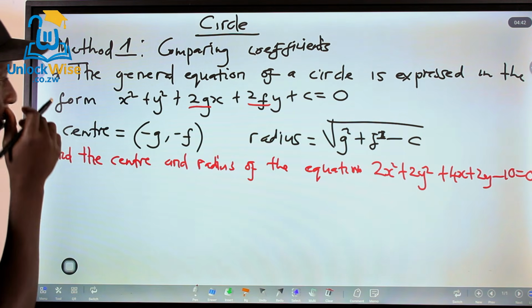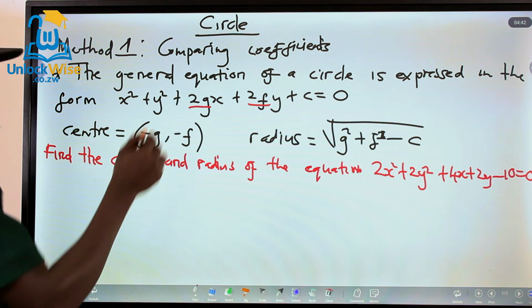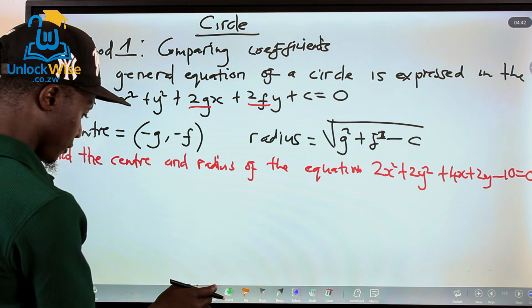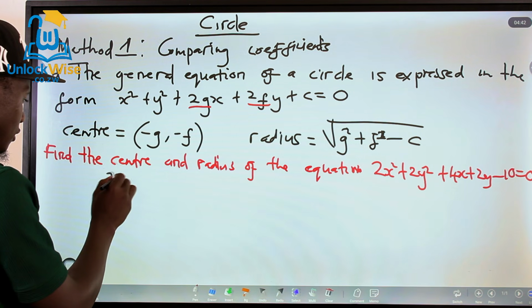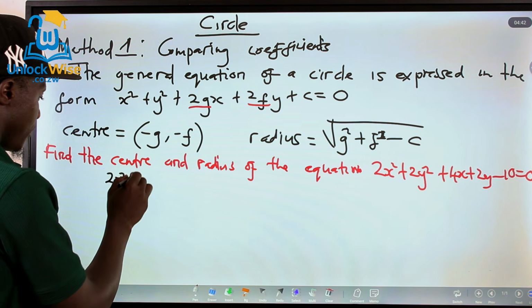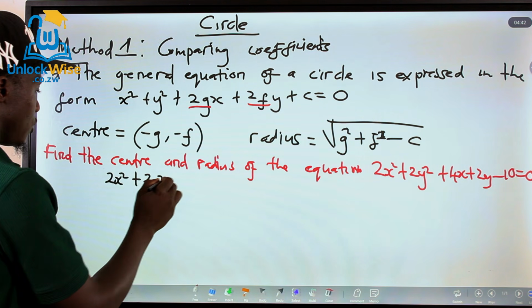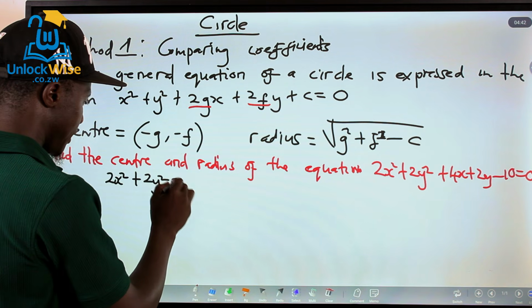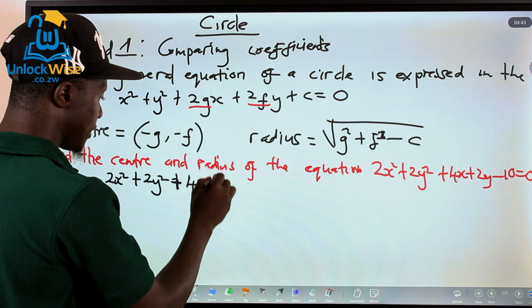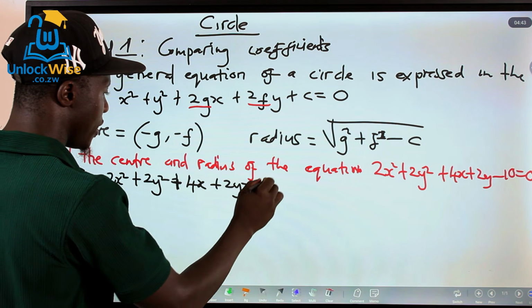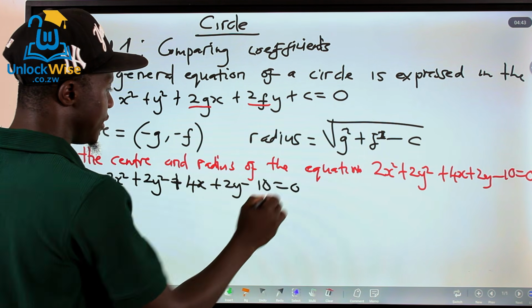So first of all, I'll rewrite the question again: 2x squared plus 2y squared plus 4x plus 2y minus 10 is equal to 0.